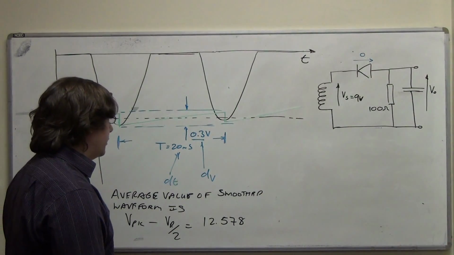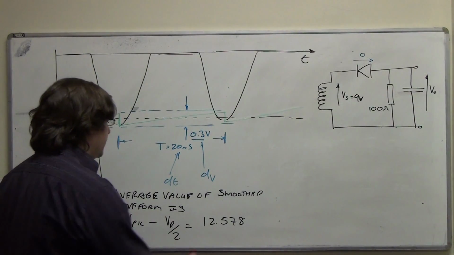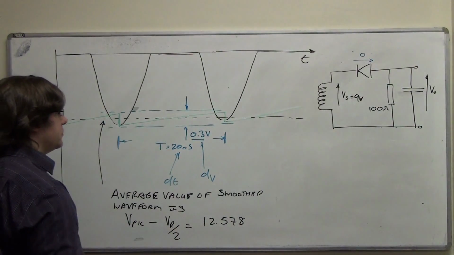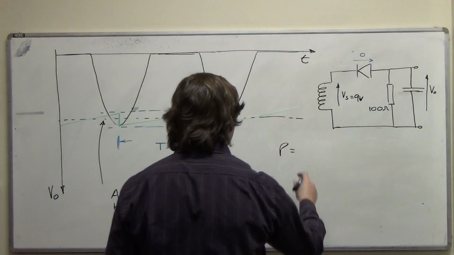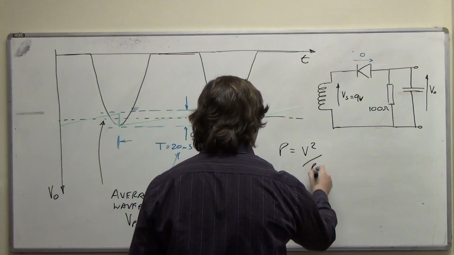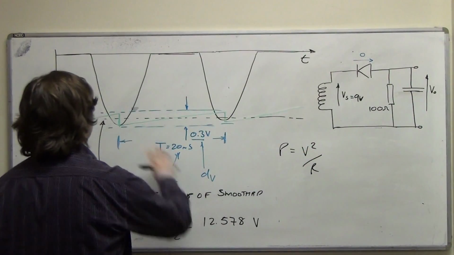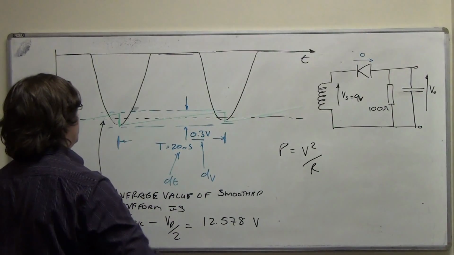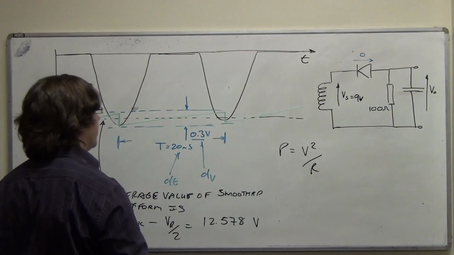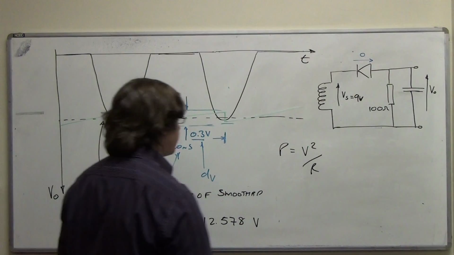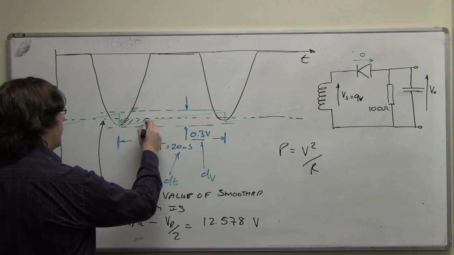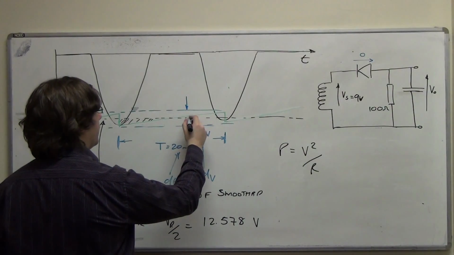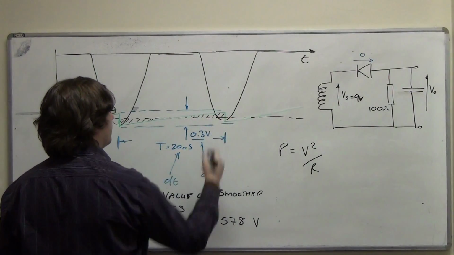So we can do V squared upon R now, and we're saying that this value always exists. So the power is equal to V squared upon R. It's not 2R anymore because we're not worried about the half sine wave. This is a constant value that we're assuming. And I think it's a fair assumption because we spend half the time below the line and about half the time above the line.